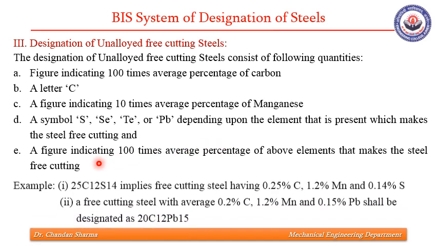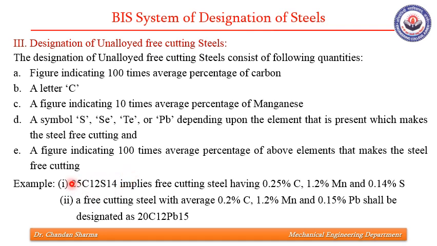For example, if the steel is 25C12S14, this 25 divided by 100 is the percentage of carbon, 12 divided by 10 is the percentage of manganese, and this 14 divided by 100 is the percentage of sulfur. So if this S14 were not there, this would be a plain carbon steel, but since it is a free cutting steel, the alloying element will also be represented.